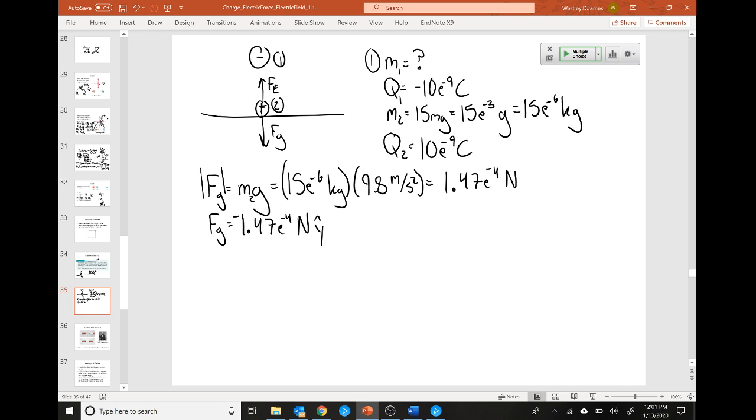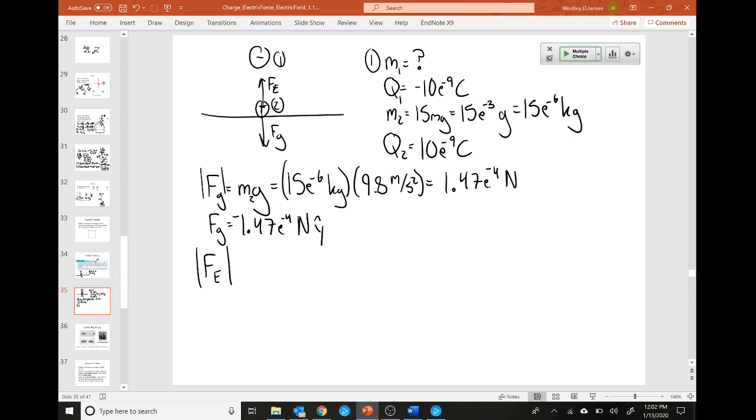If you haven't seen y hat, again, I talked about r hat a little bit before, but the reminder is the hat just means it's a unit vector. Unit meaning it has a value of 1, so this is basically multiplying this number by 1. But then it is a unit vector which points in the y direction. In this case it's negative, so negative y direction. So that's just a way of writing the negative y direction. Again, maybe you've seen it, maybe you haven't. We'll be using that. All right, great.